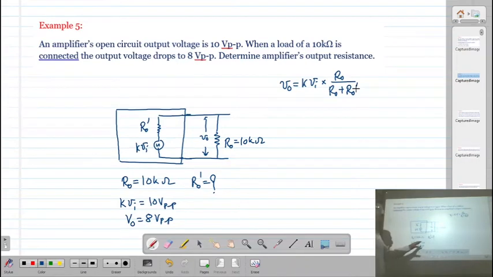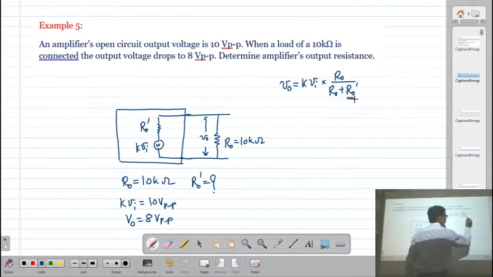Okay? You can apply the potential divider rule. So the voltage across RO will be equal to the total voltage, that is K into VI, into the resistance across which you are going to calculate the voltage, divided by the total resistance. And now from this you can calculate what RO dash is.